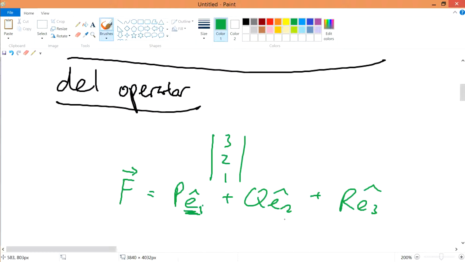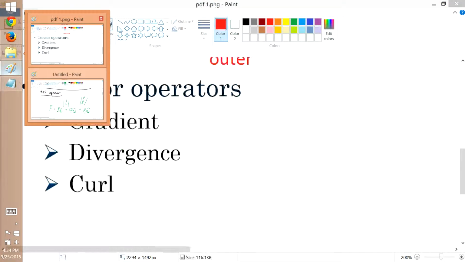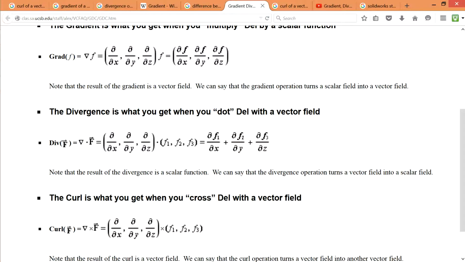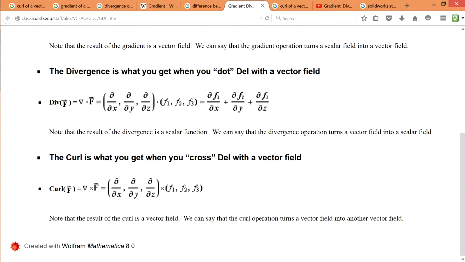Each of them spans each of the basis vectors, also in another space, I would say. So these are the components, P, Q, R. Therefore, the divergence itself is simply the del operator multiplied by the vector f. And that's all, and then you do your own stuff.